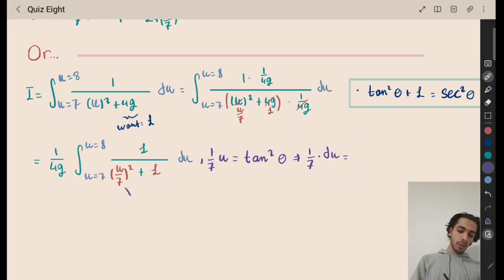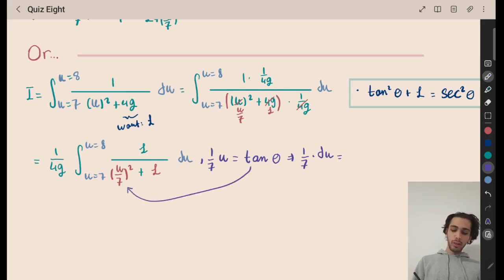By the way, here we don't need to take tan squared, we just need to take tangent, because then when we plug it in, we get squared, and then you would get the 1, and then you would substitute for sec squared. So we just need tangent. That was a small error on my side as well.